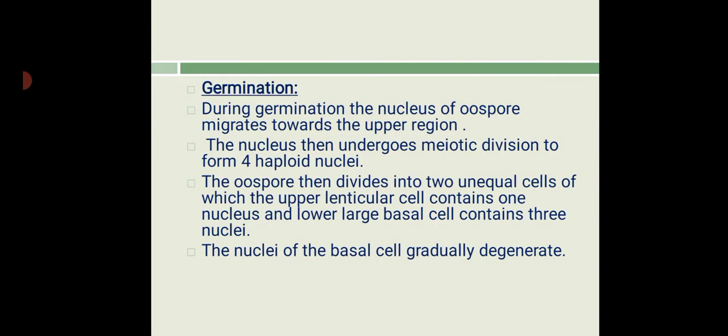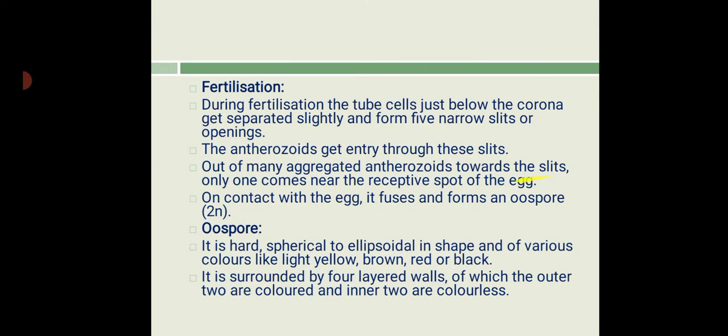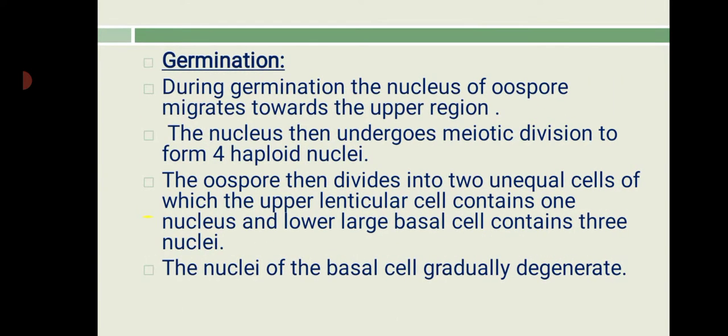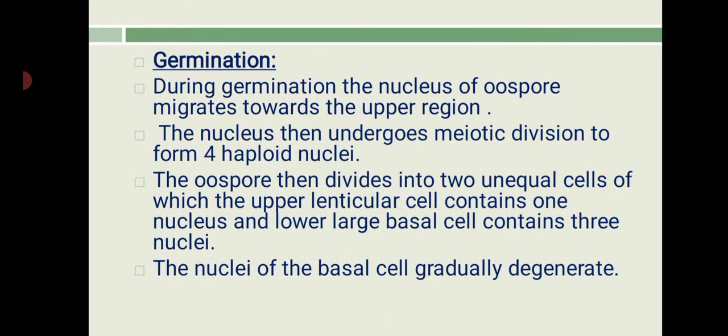Now germination. During germination, the nucleus of the oospore migrates toward the upper region. After fertilization की प्रोसेस कंप्लीट होने के बाद में उसका germination हमें देखने को मिलता है. The nucleus then undergoes meiotic division to form haploid nuclei.